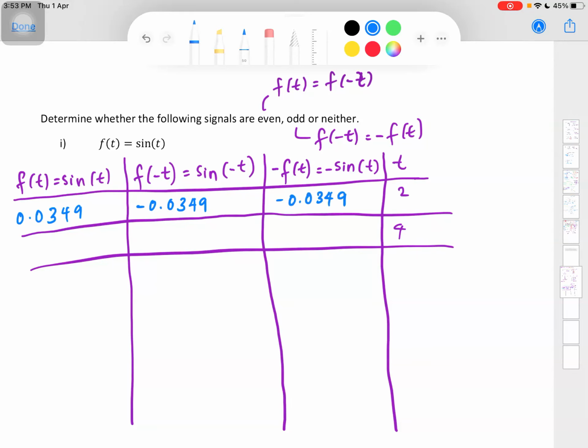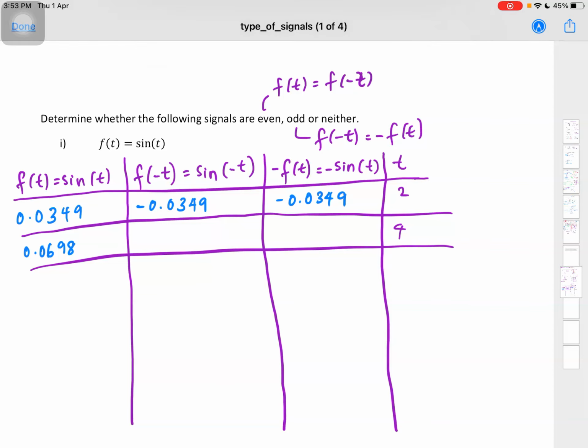From this one you can see the pattern already, but for the sake of argument, let's calculate sine of 4 as well. 0.0698, and sine of minus 4 gives minus 0.0698, and minus sine 4 gives again minus 0.0698.